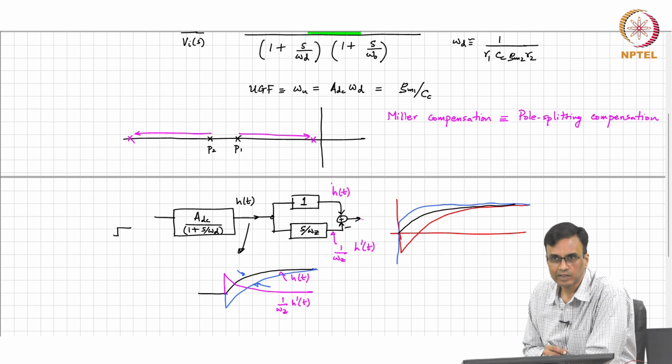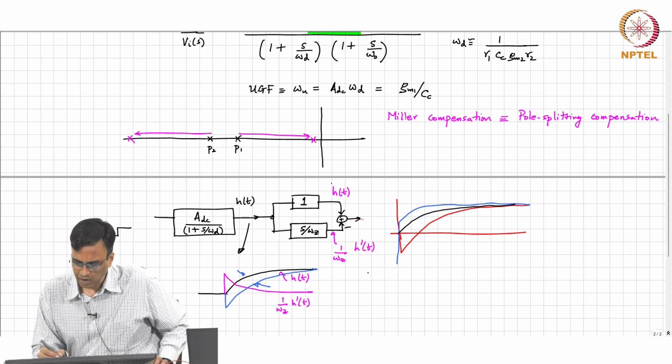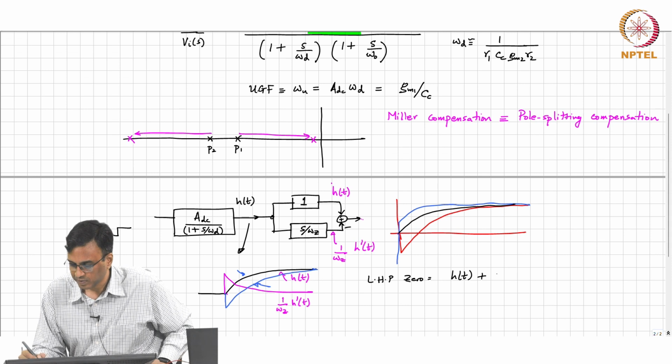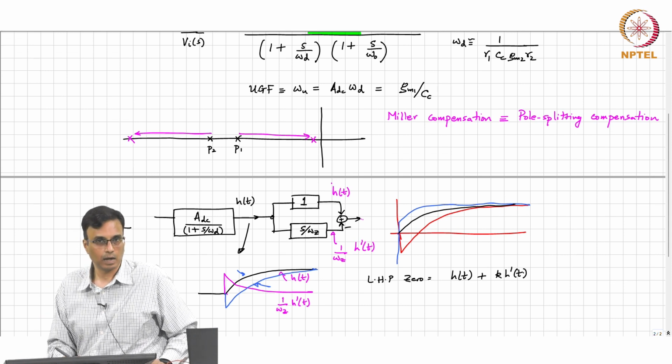Another way of thinking about it is, an LHP 0 is h of t plus some k h prime of t, correct.